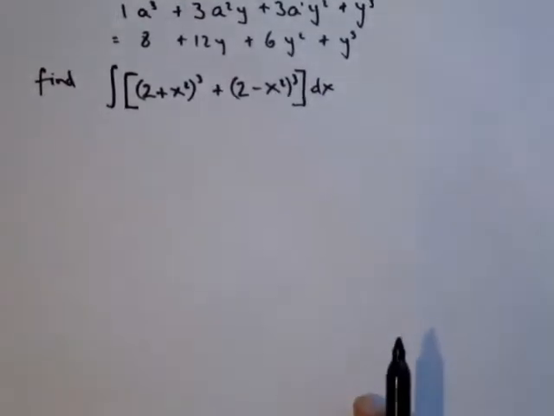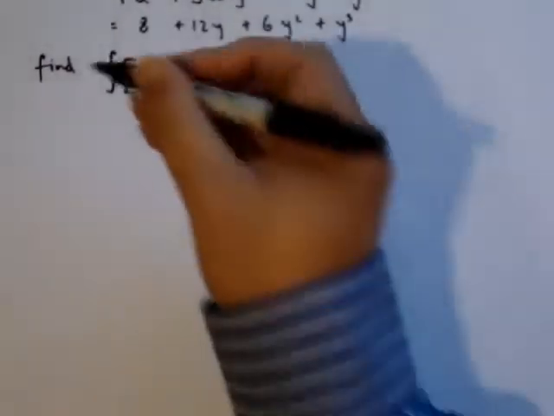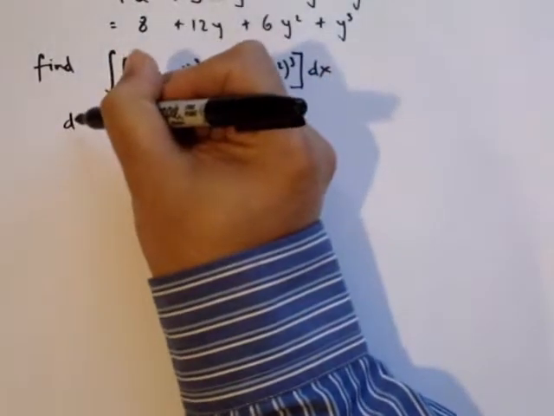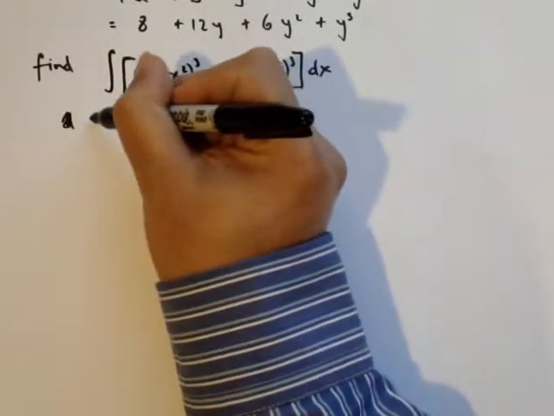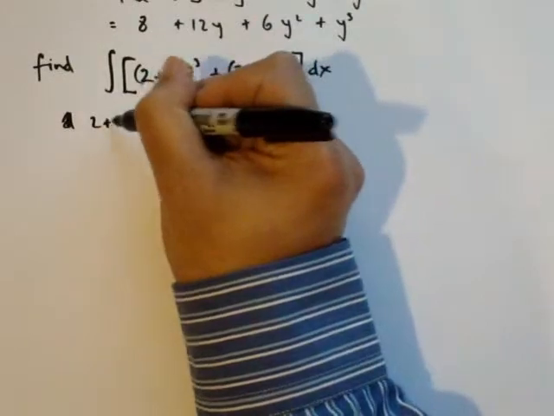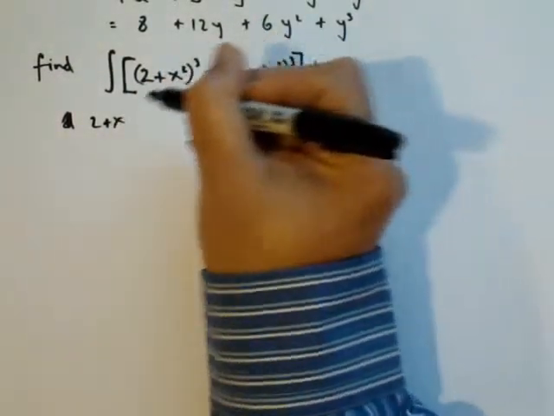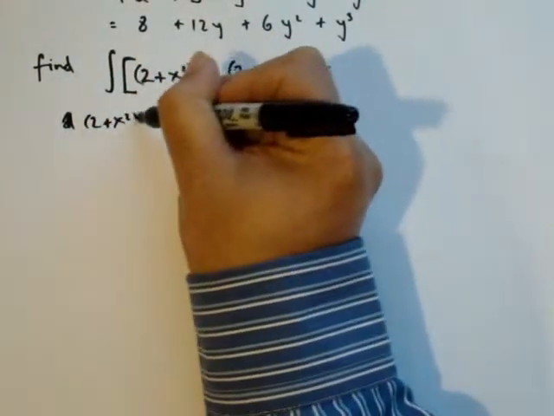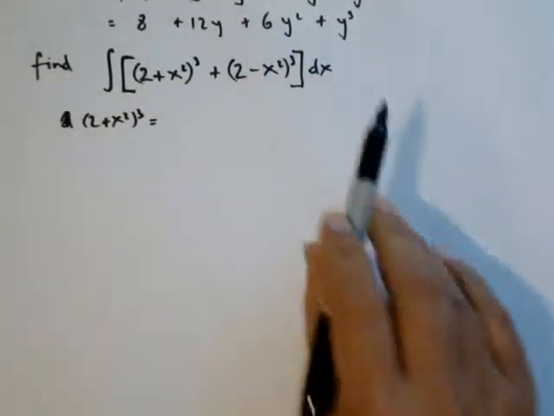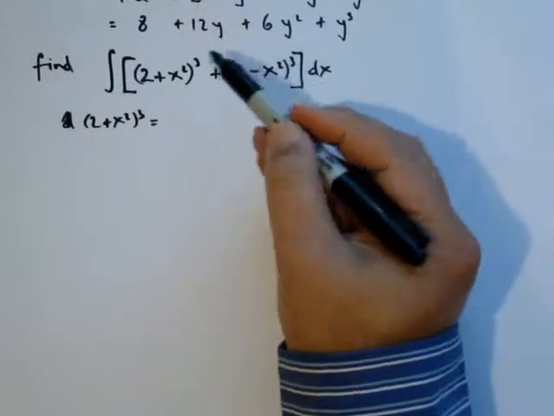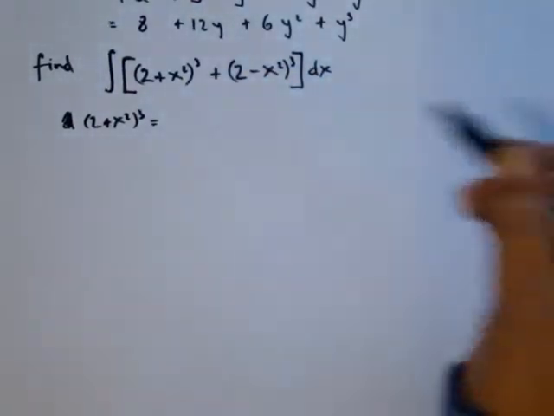So how do we do that? Well, first of all, we work out our expansion of (2 plus x squared) to the power 3, and this is quite easy because we've already done something similar here. All we have to do is, wherever there's a y, substitute an x squared.